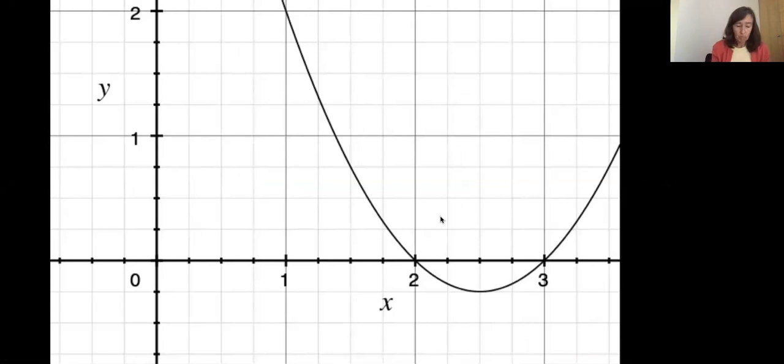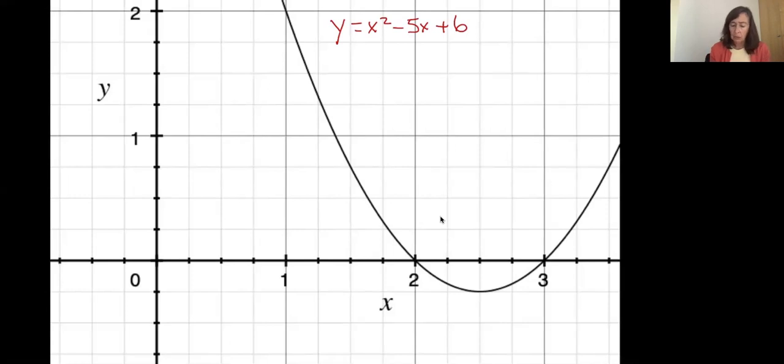So just thinking about one of the quadratic forms we worked with in, I think it was lesson 1C. I've got it graphed here, and I'll just remind you the equation was y equals x squared minus 5x plus 6. That was one of the quadratic forms that we noted you could use the guess and check method to factor.